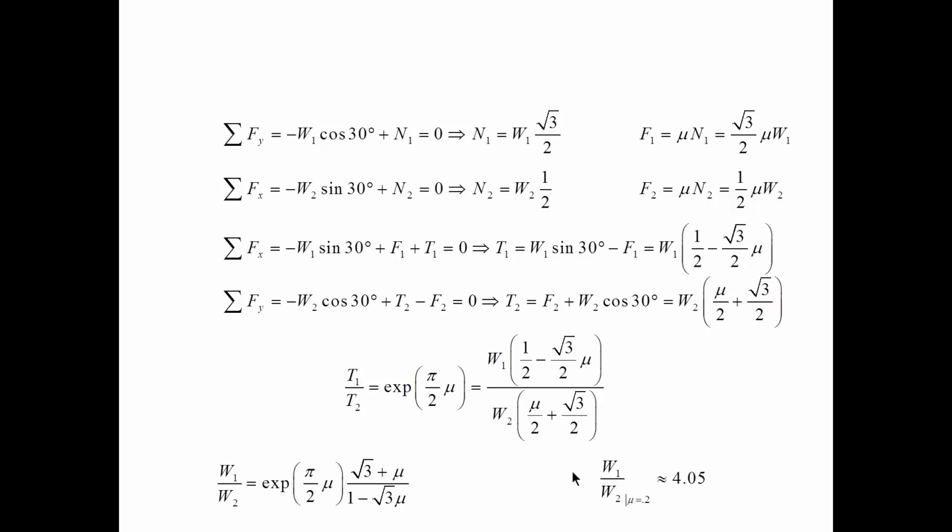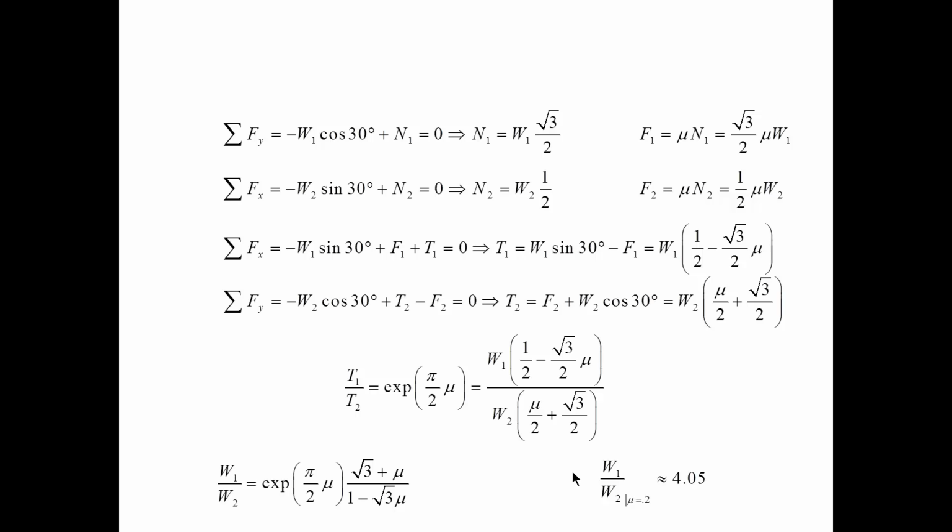So what this means is the following: if the weight of the left log, W1, is larger than 4.05 weights of the right log, or W2, then the two logs will be moving in the regime that we assumed.